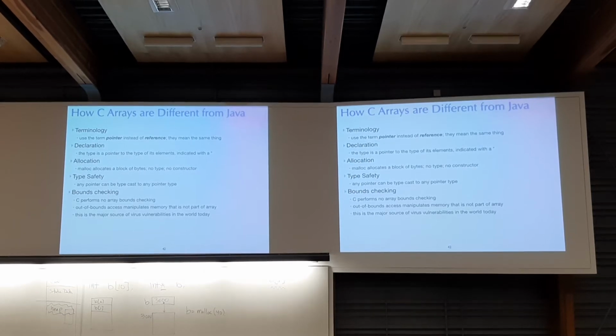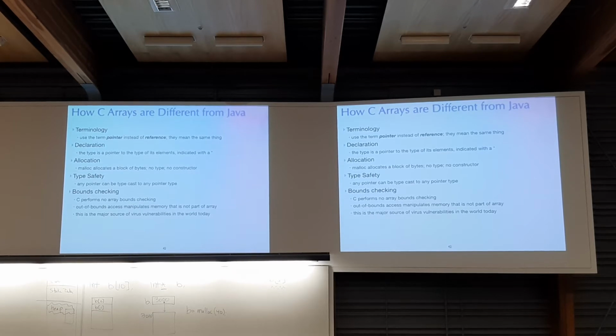So almost everything in Java is a reference. The exception are the built-in types int, long, byte, short. If you say int I, just like in C, that variable I stores the value of the integer. In C, any variable could be a pointer, same thing, reference.